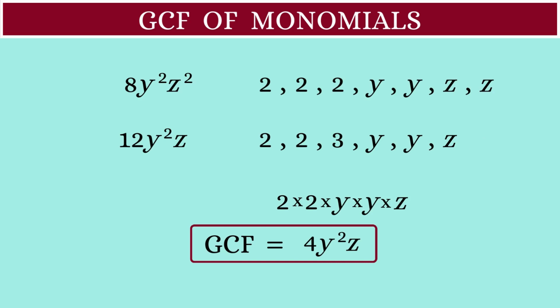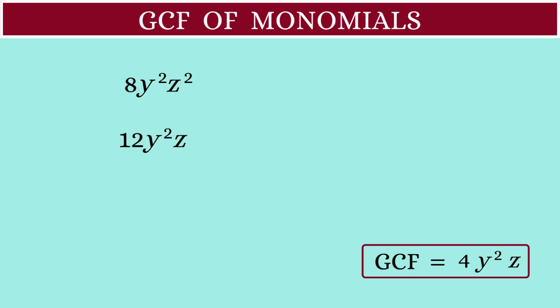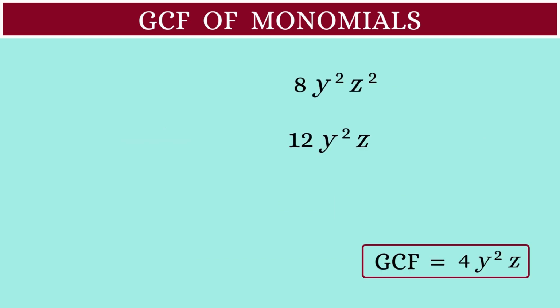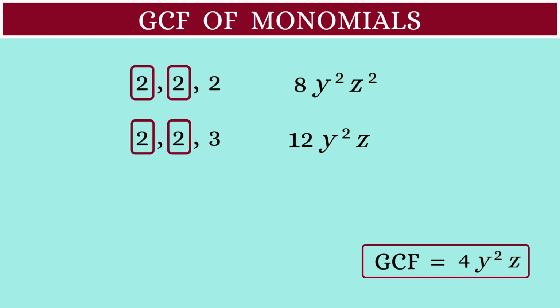Here, there's an easy method to find out the GCF faster. We'll write the factors only for the coefficients. Find the common factors and write its product.